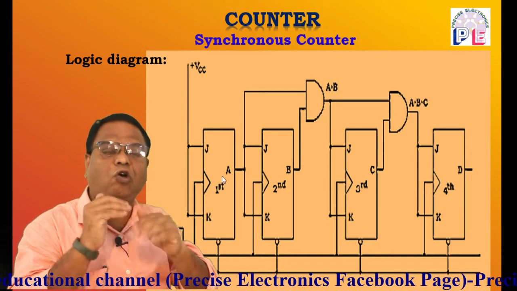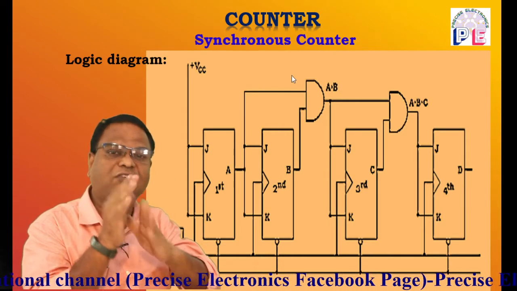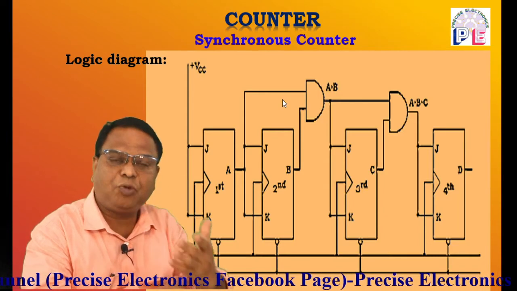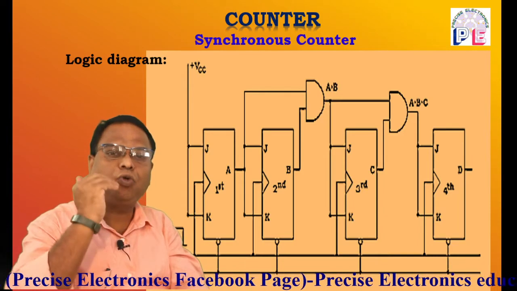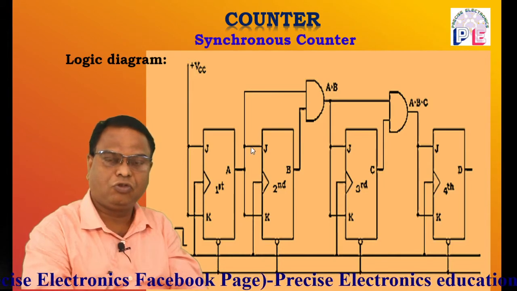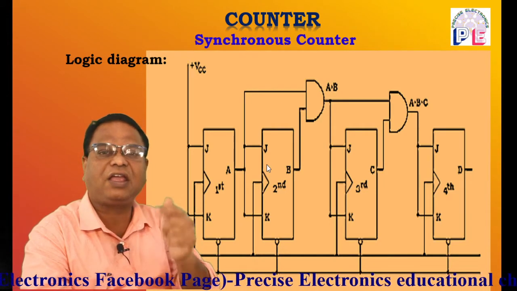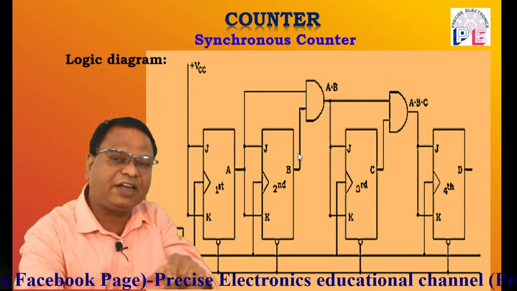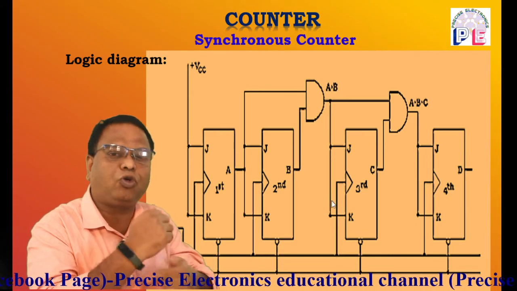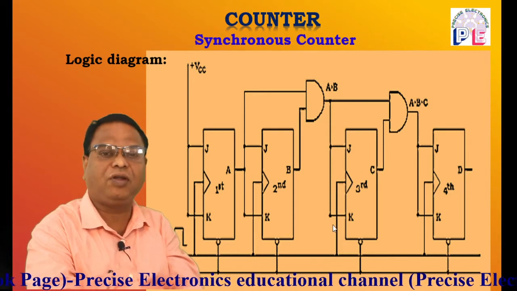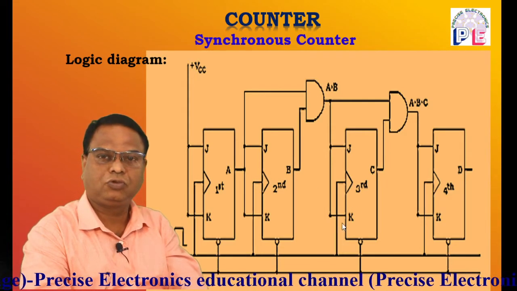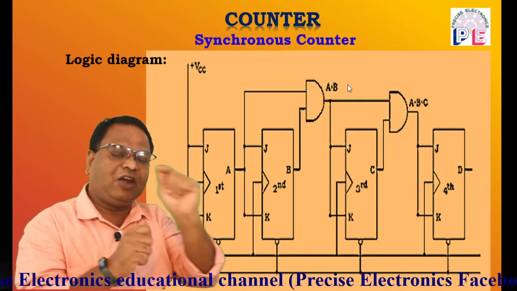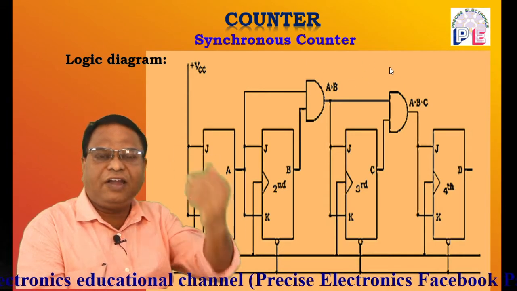The output of the first flip-flop, that is A, is also connected to an AND gate. The second input of the AND gate is the output of the second flip-flop, that is B. So the inputs for the AND gate are A, B, whose output A dot B is connected to the J and K inputs of the next flip-flop, that is the third flip-flop, C. The output of the AND gate, A dot B, is also connected to the next AND gate.